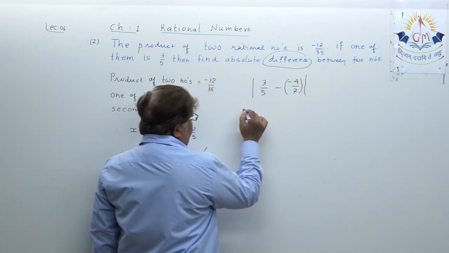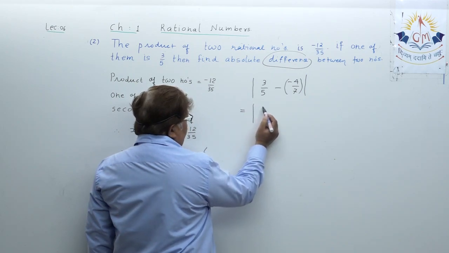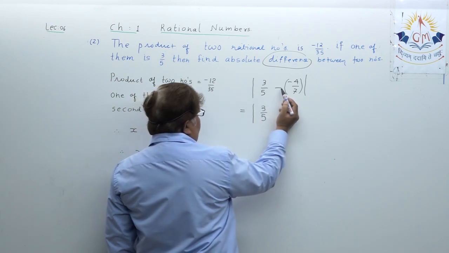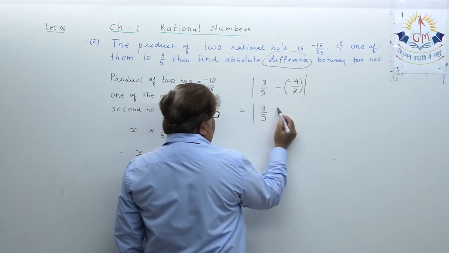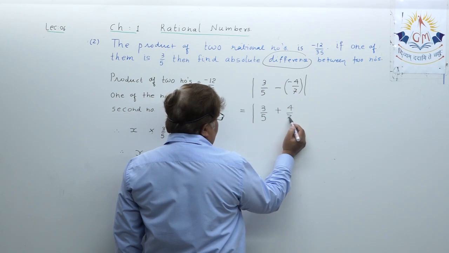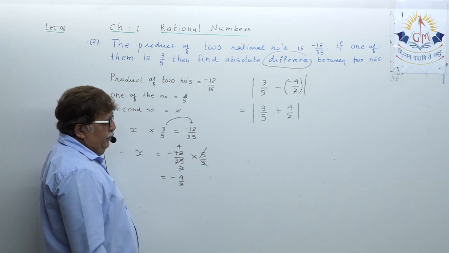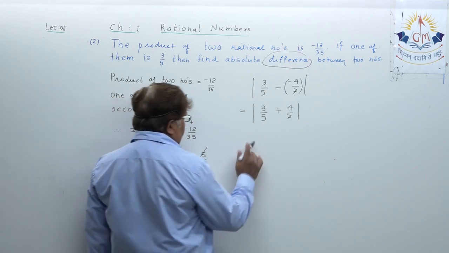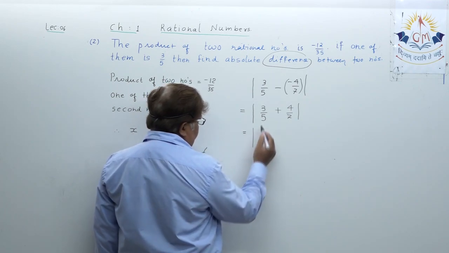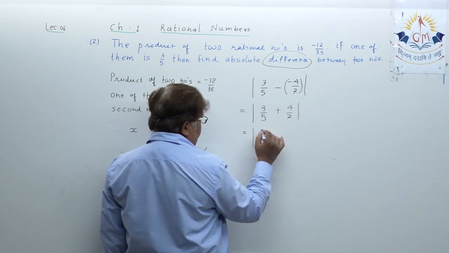Please concentrate here now. This is 3 upon 5. And what will you do here, dear student? Minus minus plus 4 upon 7. Is it clear in your mind? And now we can take the LCM of the denominators, 35.